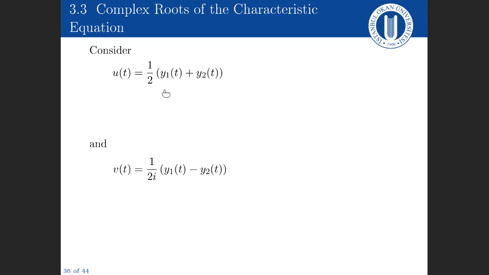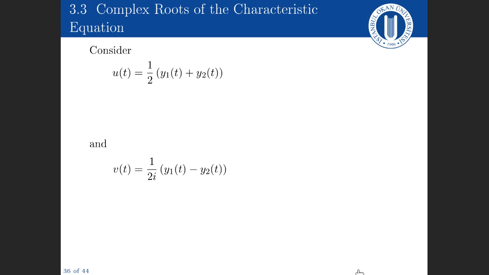So that means u must also be a solution to the differential equation. Likewise, v is a linear combination of y1 and y2, so v must also be a solution of the differential equation.